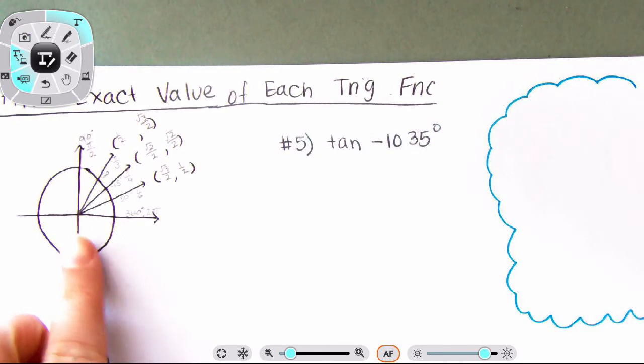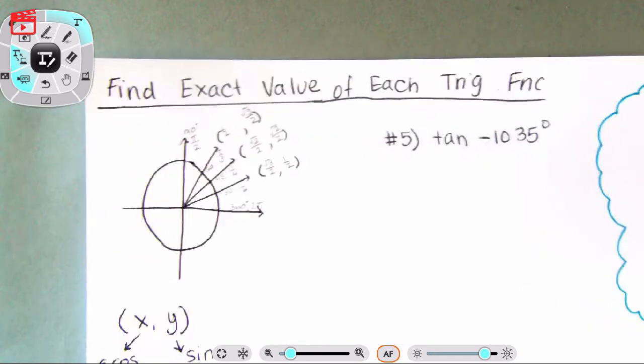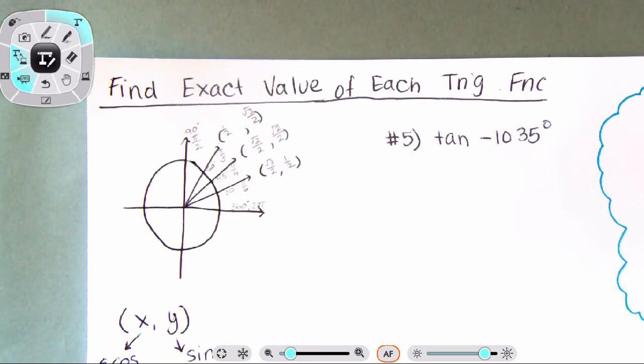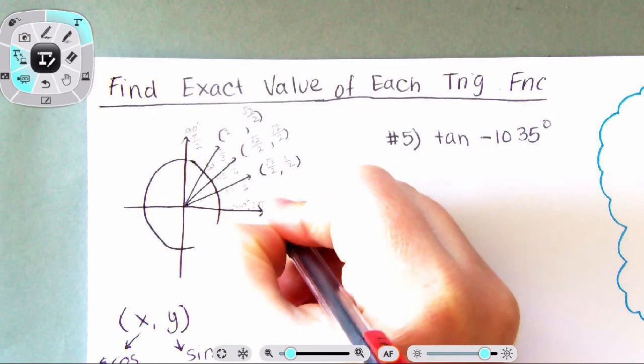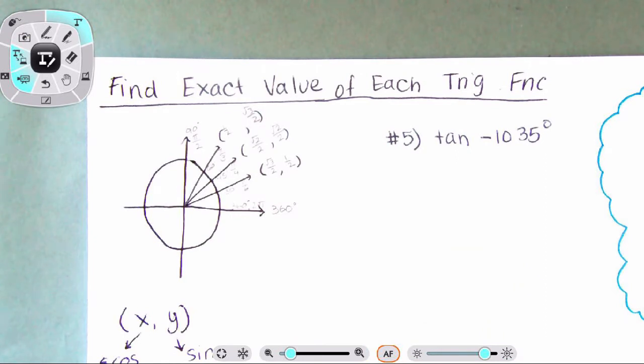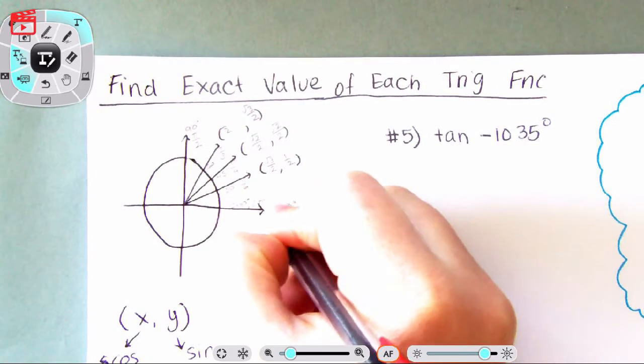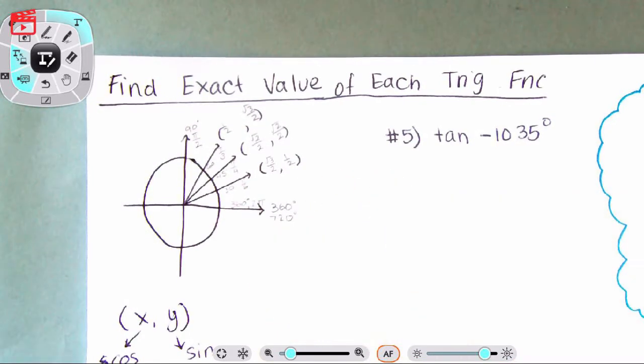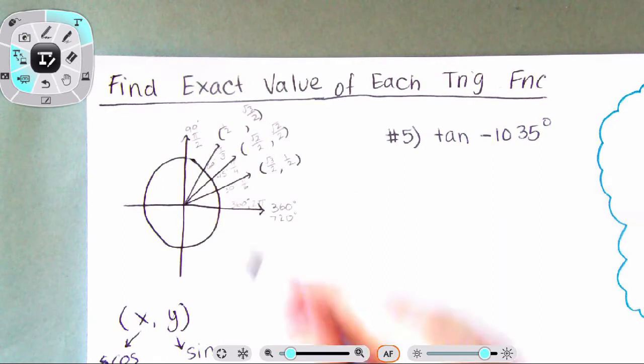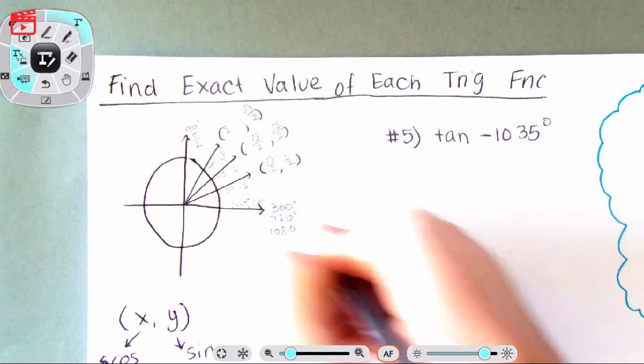Before we continue, I'm going to go back to my mini unit circle, and I'm going to kind of fill in a few little extra details that I have not. So for example, this is 360, which I already have, but I know that 360 and one more rotation or one more period will give me 720, and one more will give me 1080.